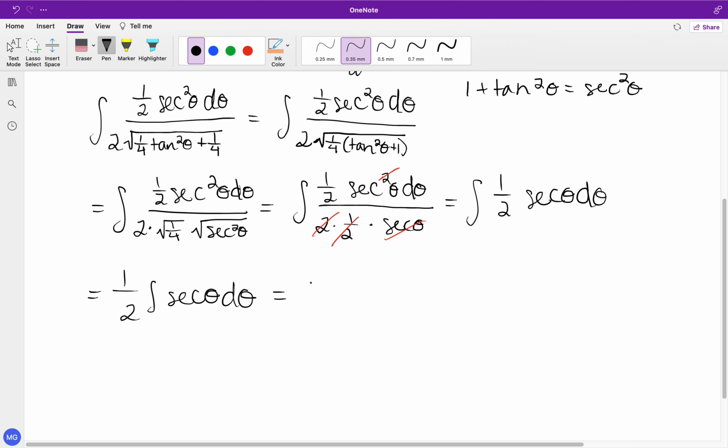Knowing the formula for the integral of secant theta, we would get 1/2 ln of secant theta plus tangent theta.